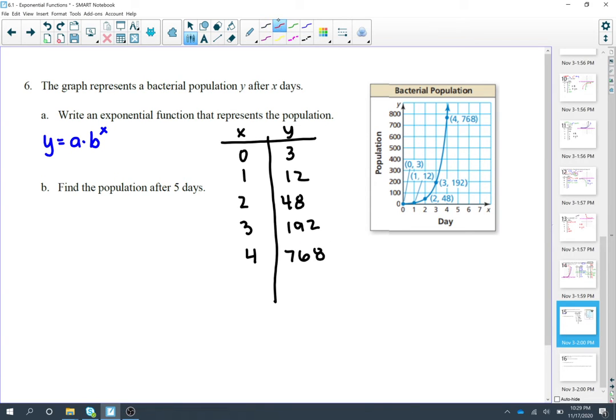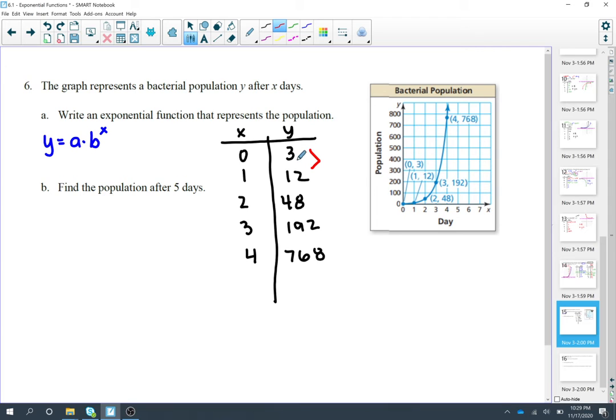Now, just like we did way back at example 1, I'm going to take a look at my table, and first of all, is it exponential? I hope so, because they want me to write an exponential function. If it's exponential, I go up 1, up 1, up 1, up 1, but my y values better have a common ratio.